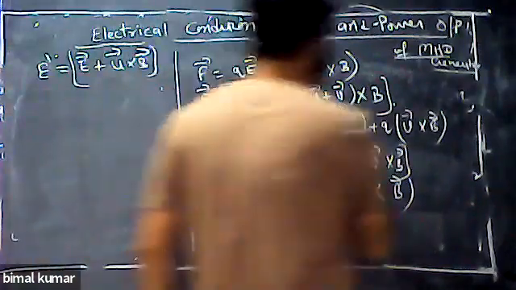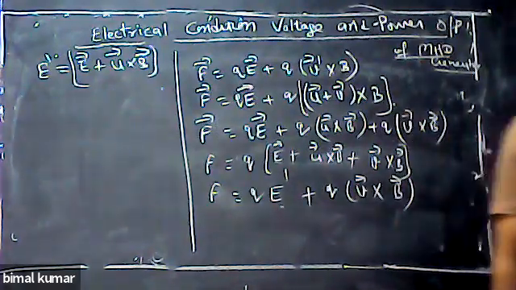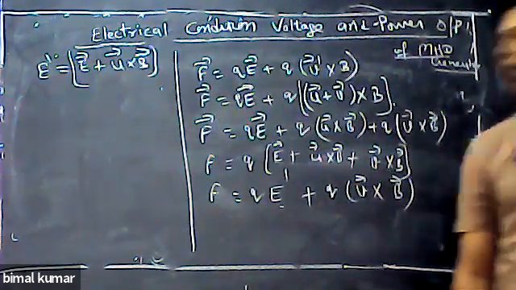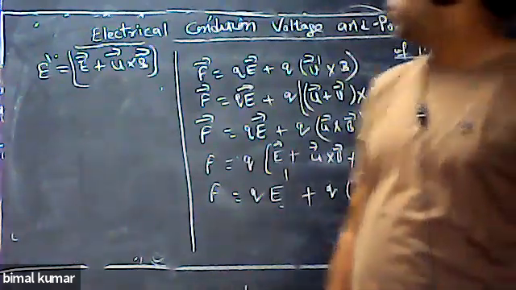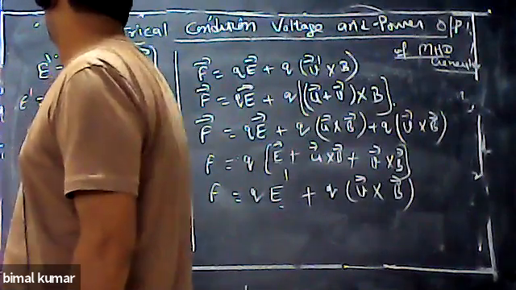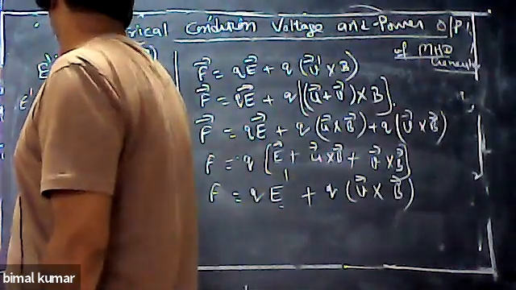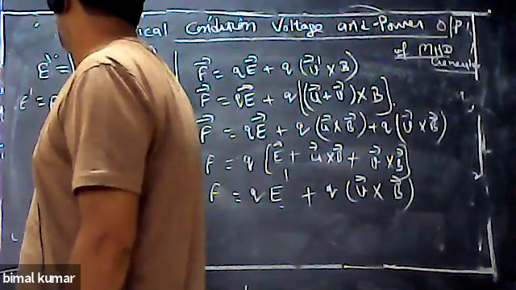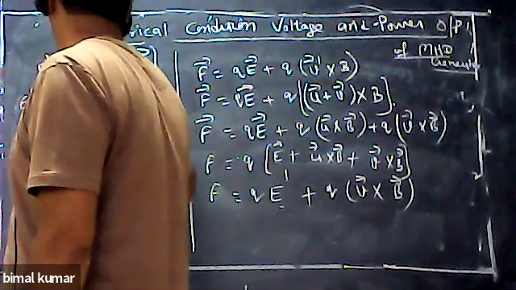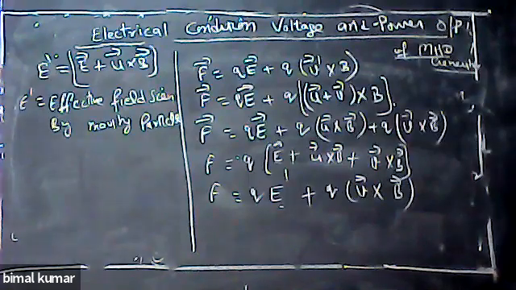This first part is considered as E dash, that is the effective field seen by the moving particle. E dash is the effective field seen by the moving particle.